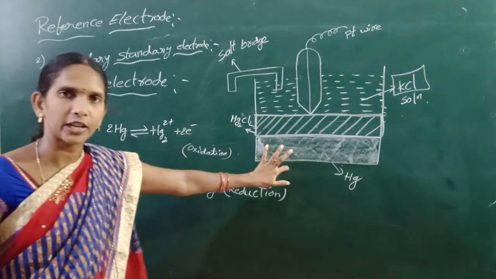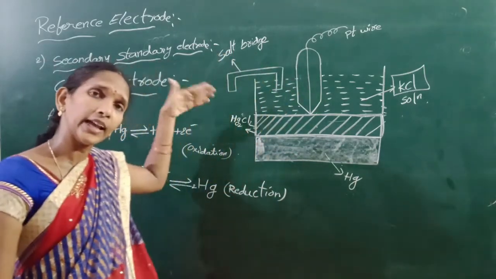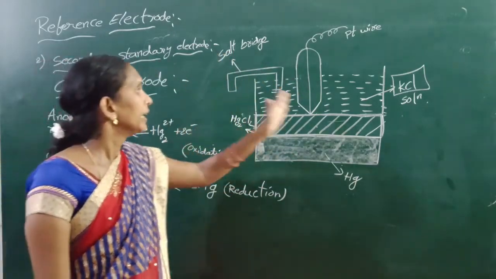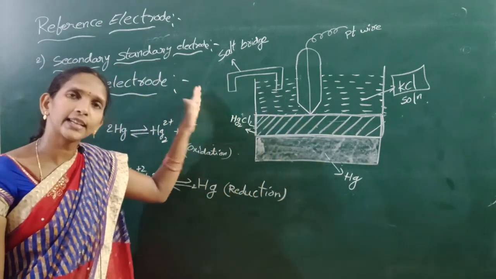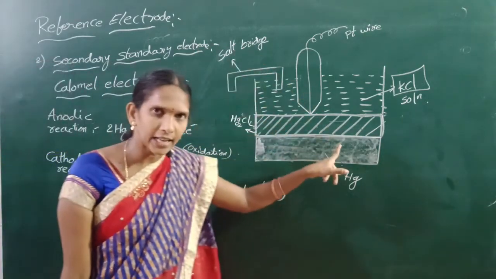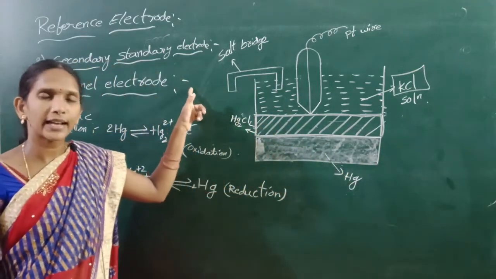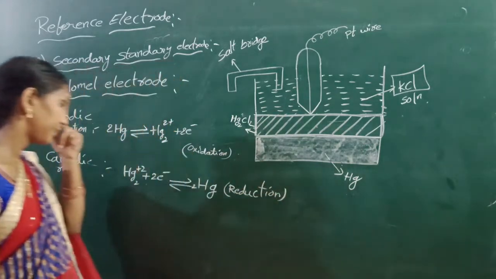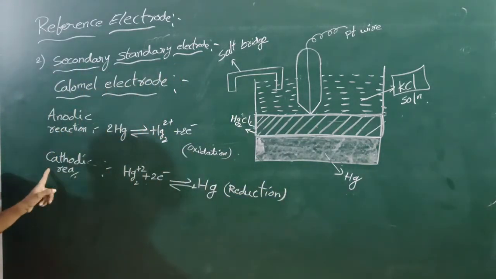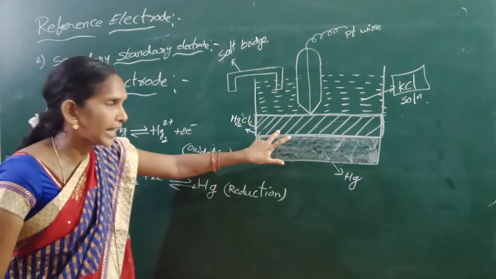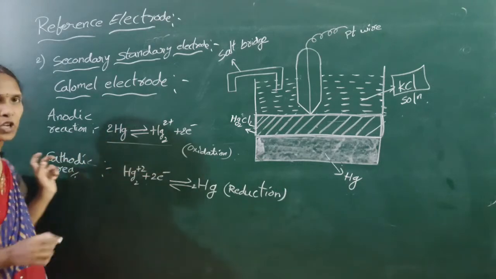This is a reference electrode. This electrode is connected to another metal. If this electrode acts as an anode, the other electrode acts as a cathode. If this electrode acts as a cathode, the other electrode acts as an anode. If oxidation takes place at this electrode, the anodic reaction is possible.